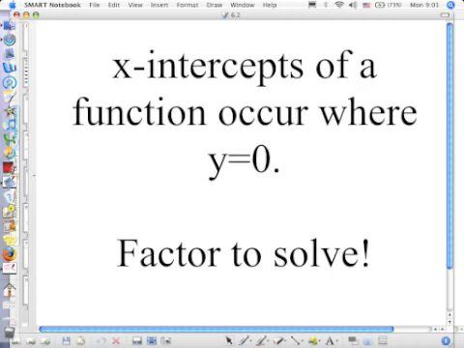The way we find these x-intercepts, which are the roots or zeros of the equation, is by setting it equal to 0. Today, we're going to be working with problems that can be factored, so we're going to factor those in order to get our possible x's. I believe we had already written this down on Friday.